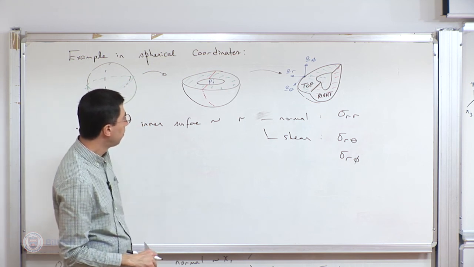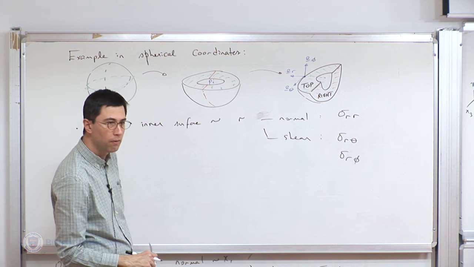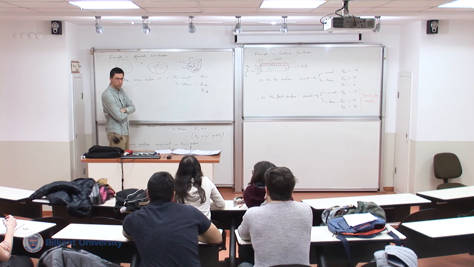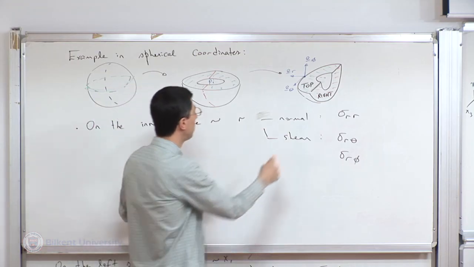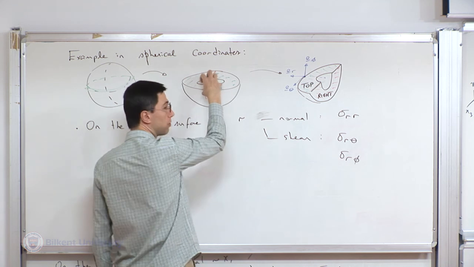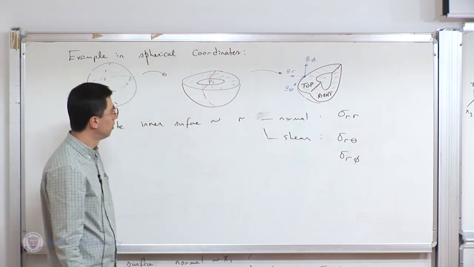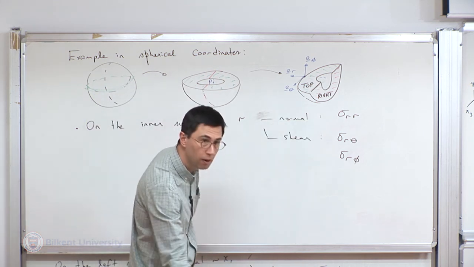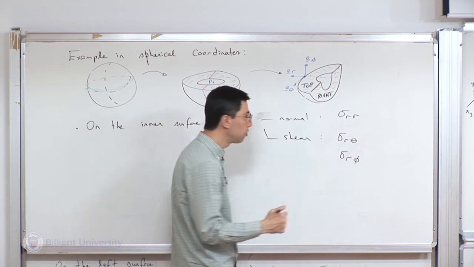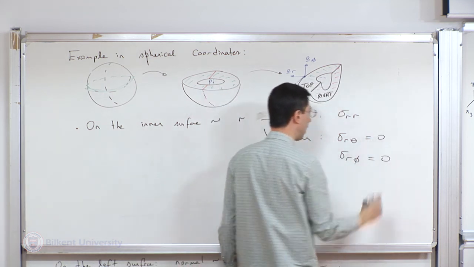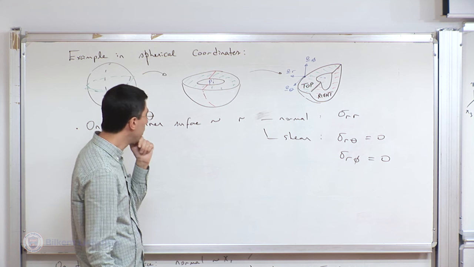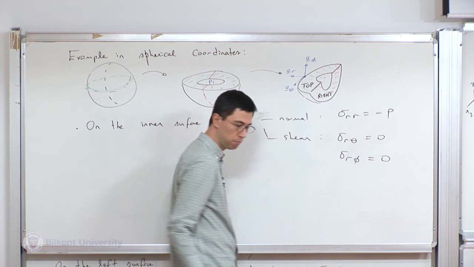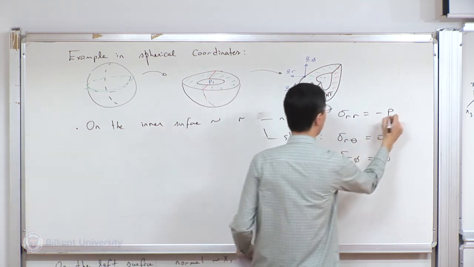Right, so is anything 0? Are we clear about the surface I'm talking about? I'm looking at this surface, the inside cavity, where there is a pressure. So the normal stress and the shear stress components, is anything 0? The shear stress is 0 because there is nothing acting tangential to the surface on the inner surface. And the normal one, magnitude-wise, is the pressure, but pressure is compressive, so it's minus p_i.